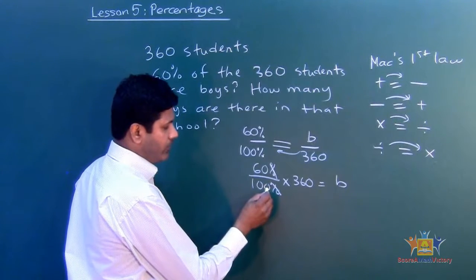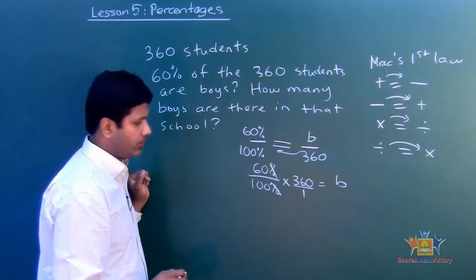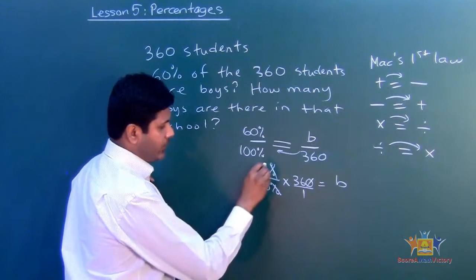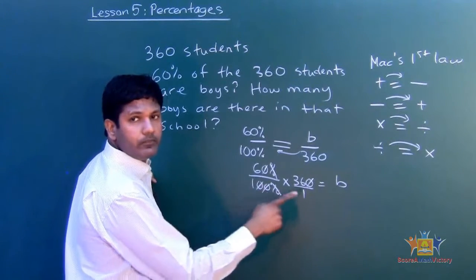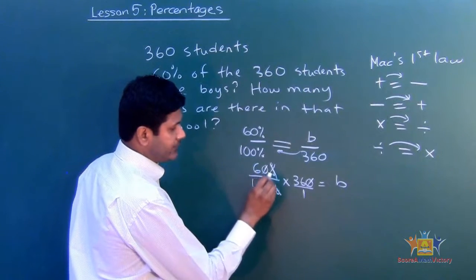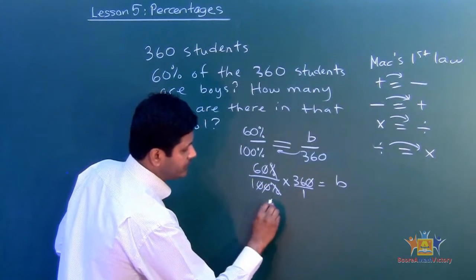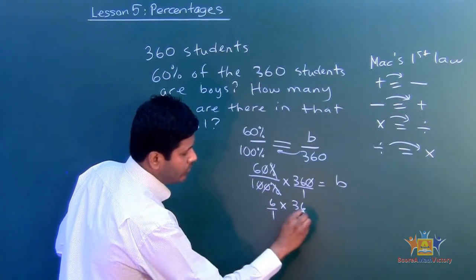See this 0, I can cancel with that 0, because this is 36 over 1. So I can cancel this 0 and that 0. With fractions you can do that, keep in mind. So what's left? 6 times 36. Let me rewrite that down again: 6 times 36 over 1 over 1.